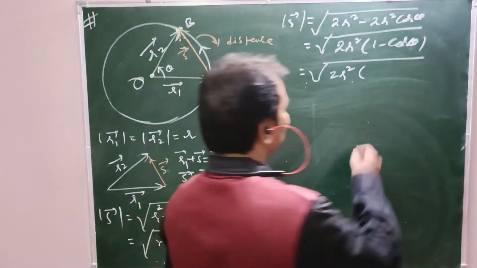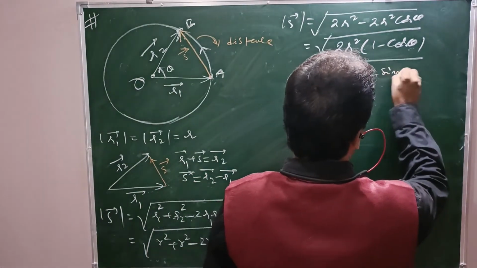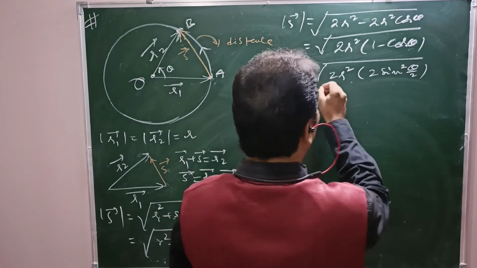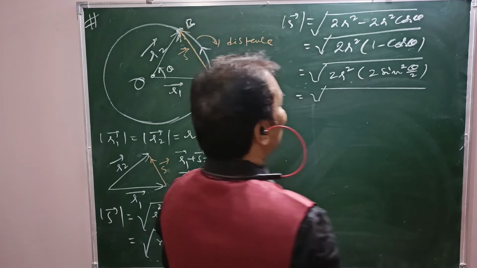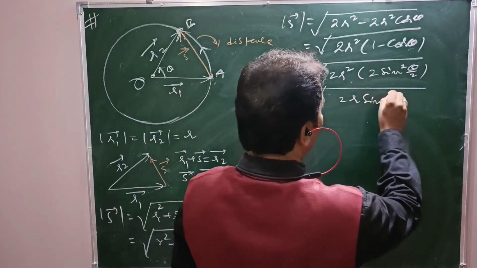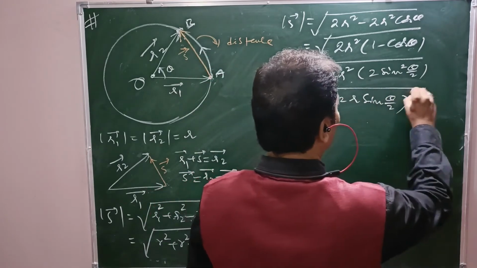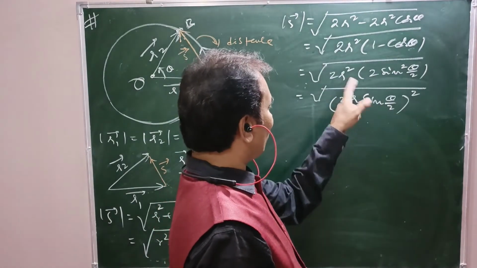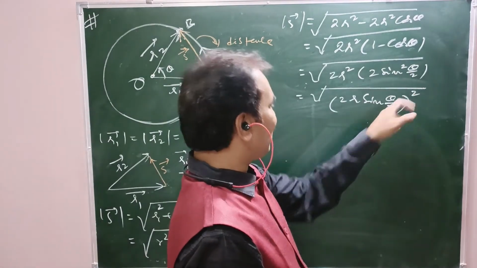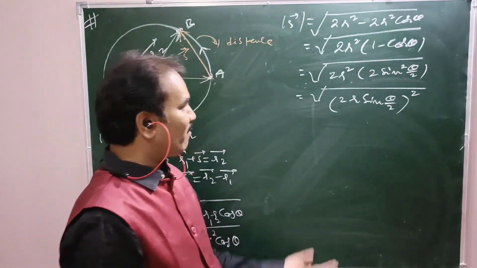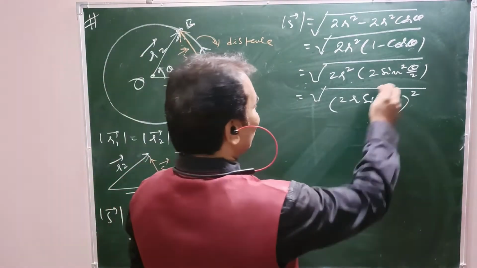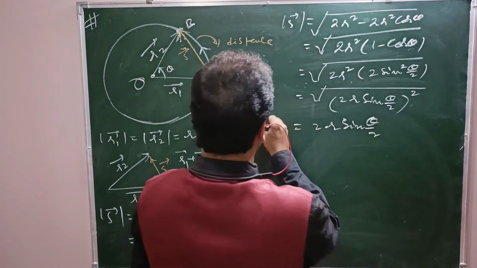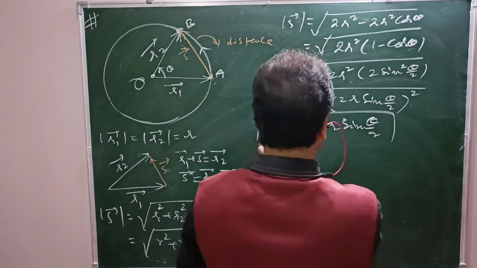So 2 into 2, 2 square, r square sin square theta by 2, that is 2r sin theta by 2 whole square. The square root cancels the square, and we are left with 2r sin theta by 2. This is the magnitude of displacement.